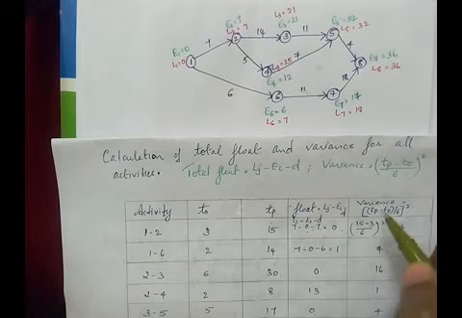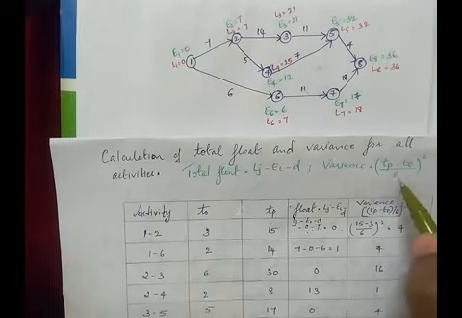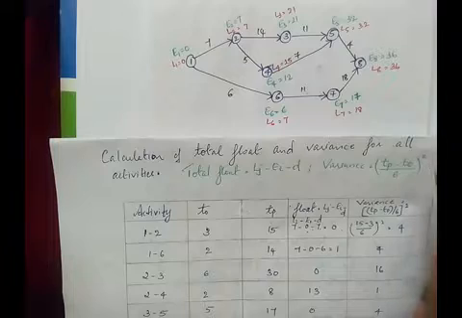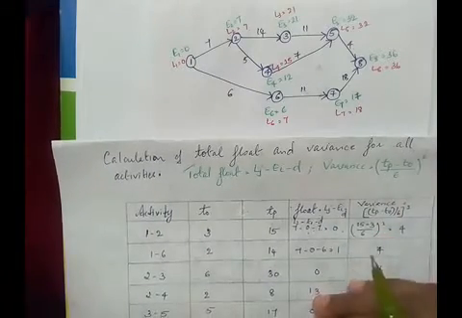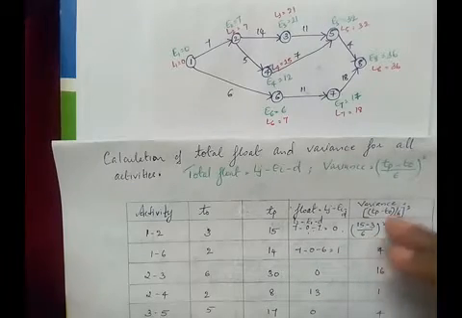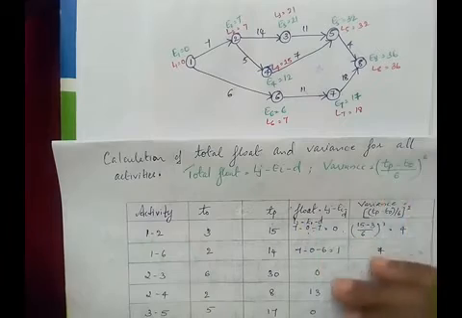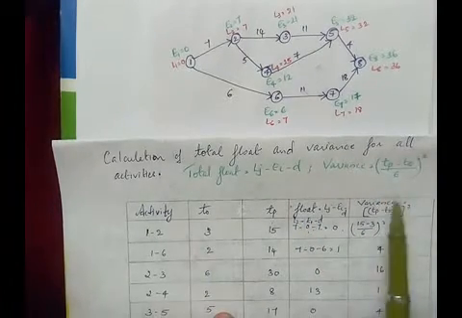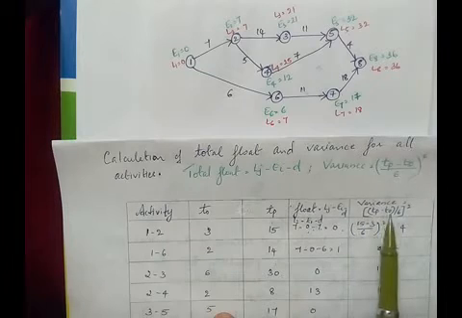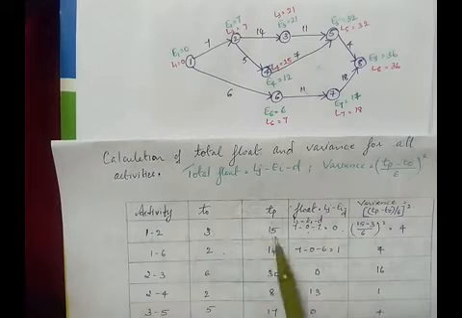After that we can find the variance using the formula (Tp minus To) by 6, the whole square. We can either draw a separate table like this to find the float and variance, or use the previous table and add 2 columns, float and variance. Either way we can write. Tp and To are given in the table.